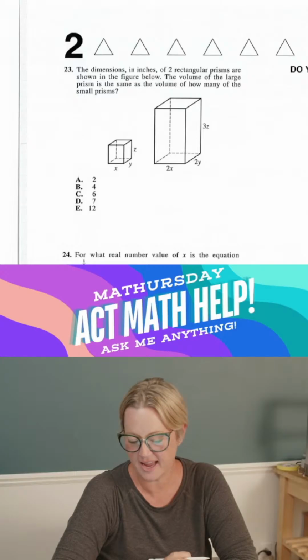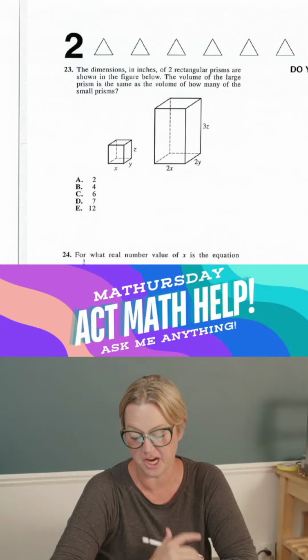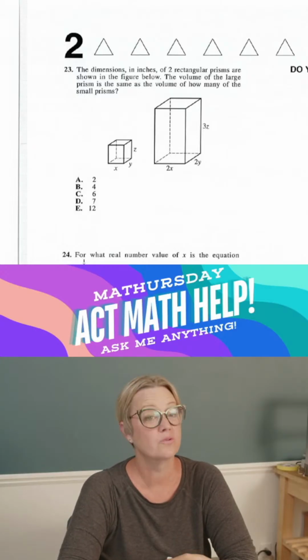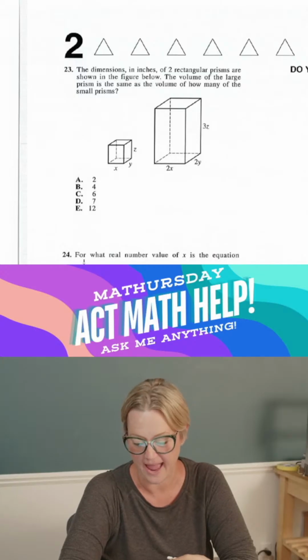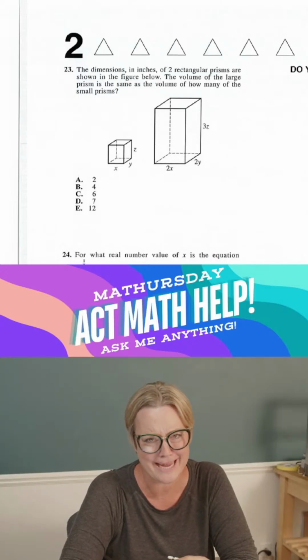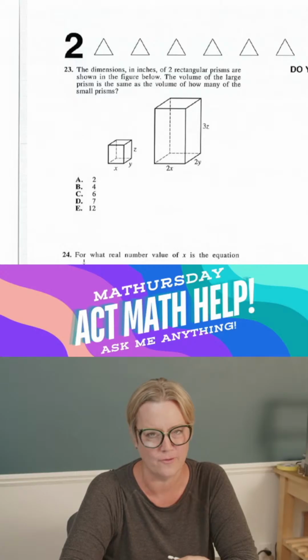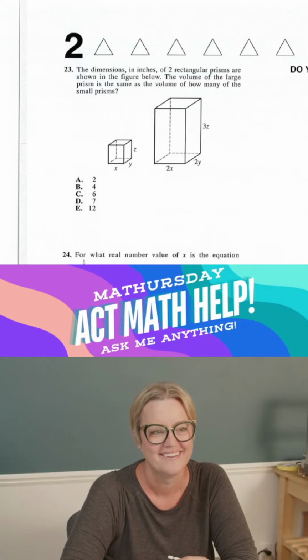You know, sometimes, guys, these are just a total guess. And I know that that's going to happen, and we all know that's going to happen. I think the test writers even know that some of these questions are going to be just a total guess.